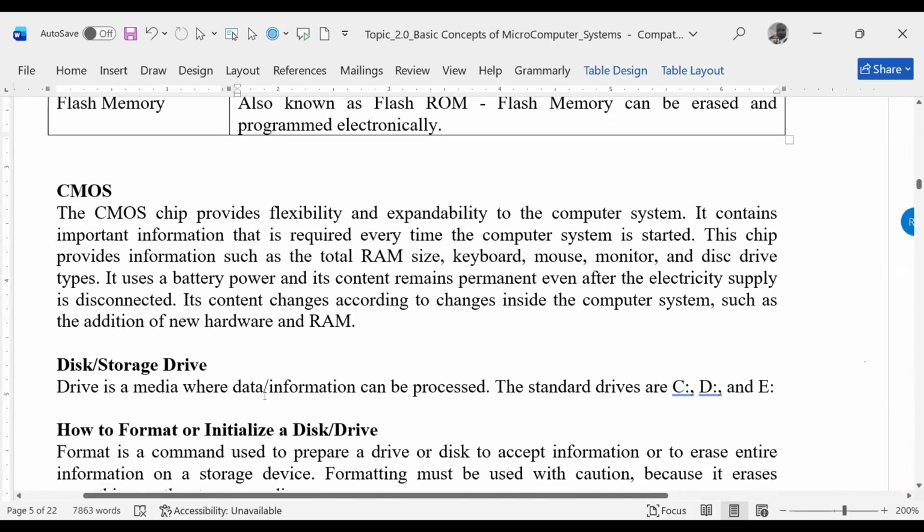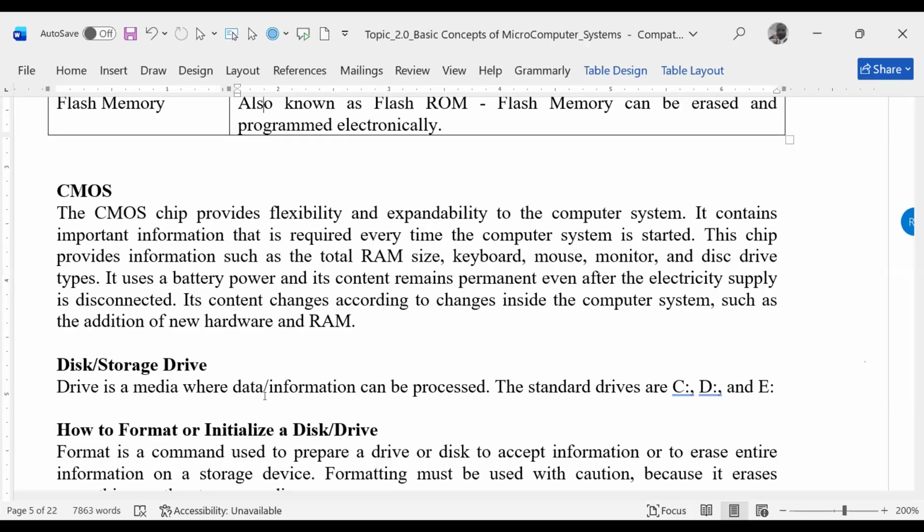Then the last memory chip, the third memory chip, called CMOS, is a chip that contains programs or information meant for upgrade, or for expandability and flexibility of your computer system.